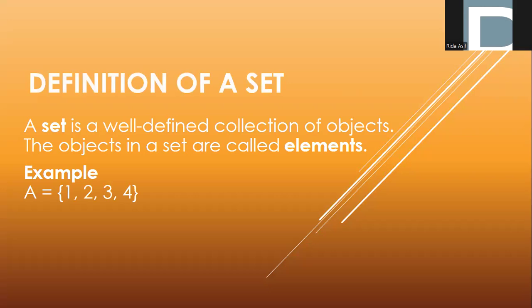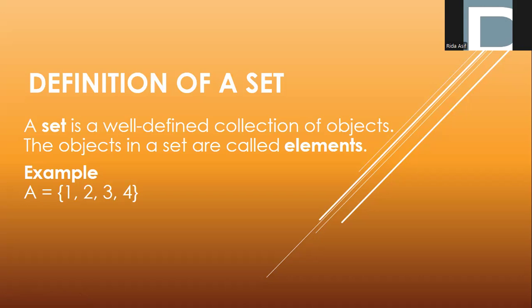What is the meaning of well defined? This means that you should be able to clearly decide whether something belongs to the set or not. For example, the set of months of the year is well defined, right?